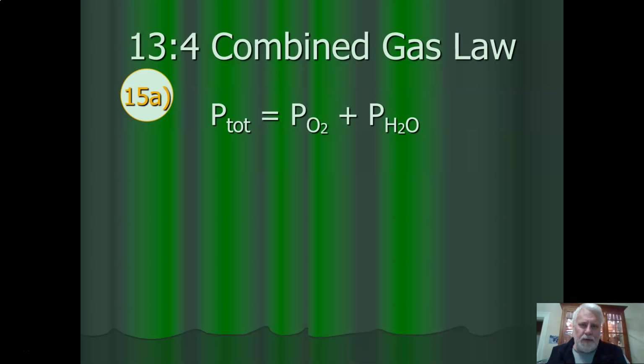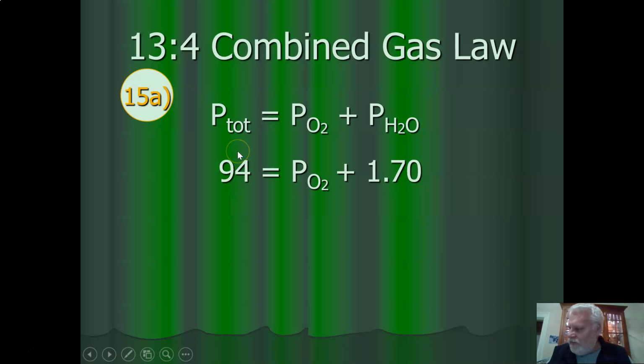The pressure total, you want to change the 94,000 into 94 kilopascals. Easy conversion there. You did some of that when you did your Boyle's Law problems. So that's the total pressure. I need to fix the pressure of oxygen by realizing that there's a little bit of pressure caused by the water because you collected it over water. And then you solve that.